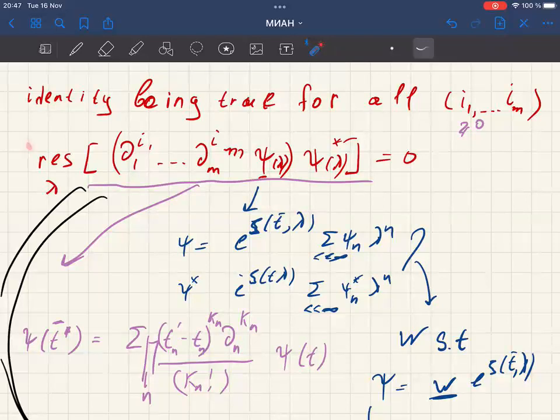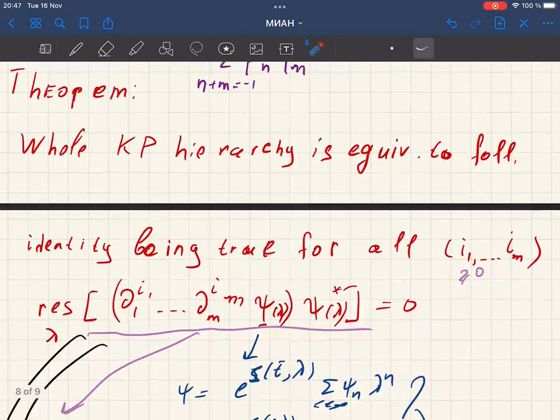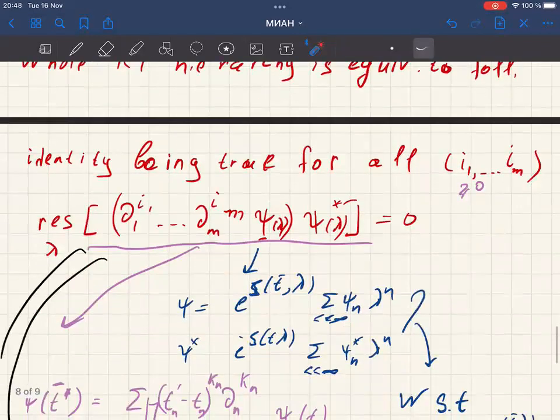And I want to prove that if psi and psi adjoint are Baker-Akhiezer function and adjoint Baker-Akhiezer function, then they are solutions to this. So I just prove the theorem in one way.